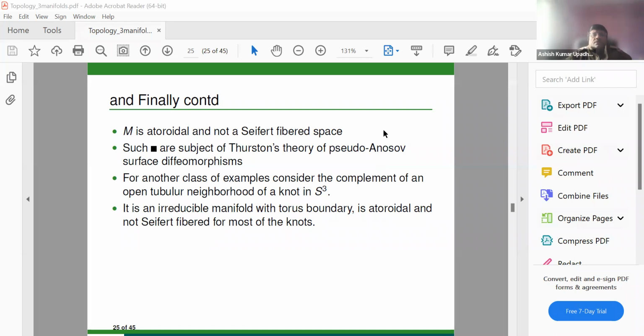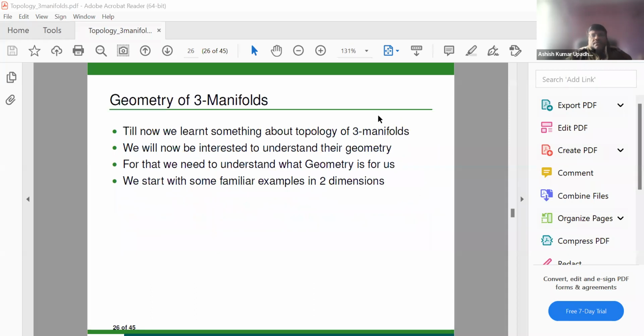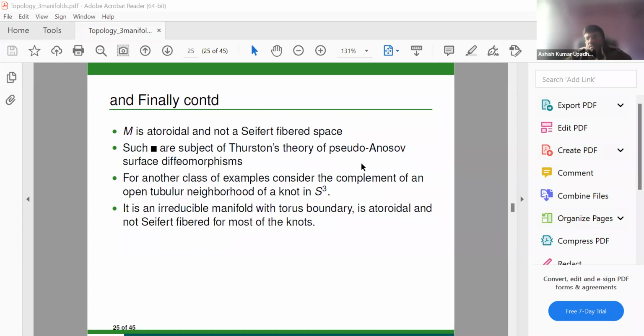I think the geometry part which I wanted to do, because I have exhausted one hour, I should do in the next lecture at 2 o'clock. So for the moment, to conclude, let me just mention that we wanted to study the structure of three manifolds.